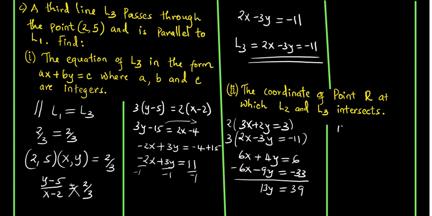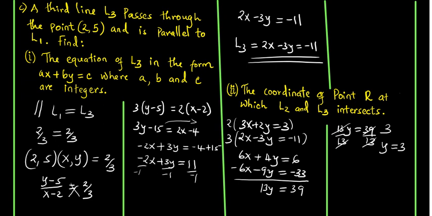Now 13y equals 39. We divide both sides by the coefficient of y to get the value of y. 39 divided by 13, we get the value of y as 3.